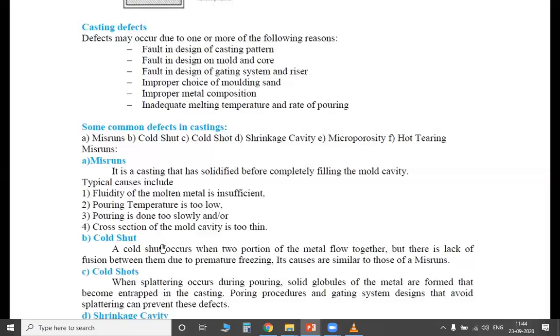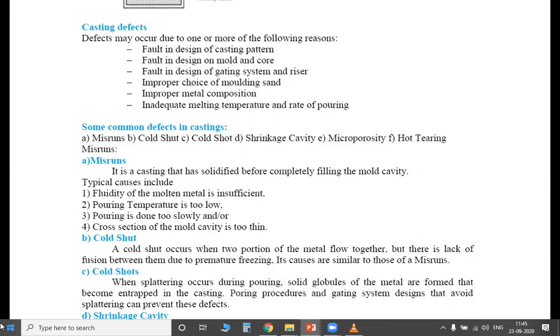Then the cross section of the mold cavity is too thin. When you are taking a centrifugal casting, if the wall is very, very thin, what is the use of that piece? There is no need to use that piece, because when a certain load is applied to that part, it automatically breaks.